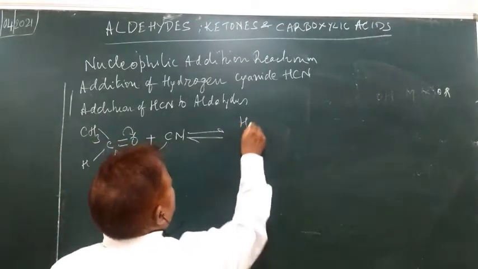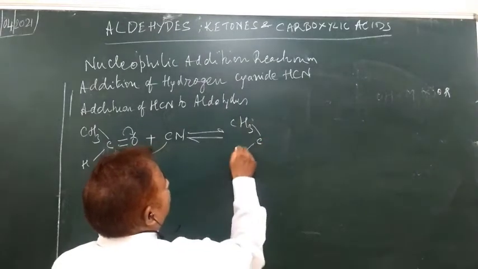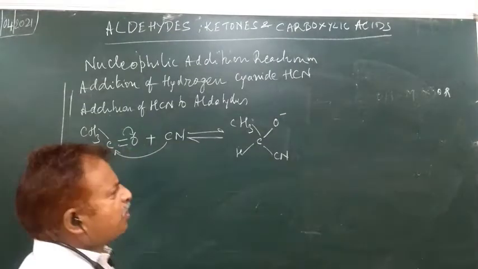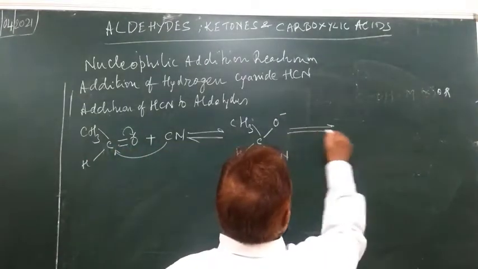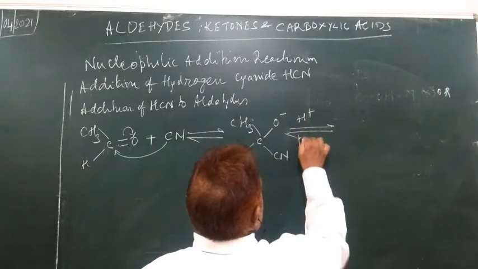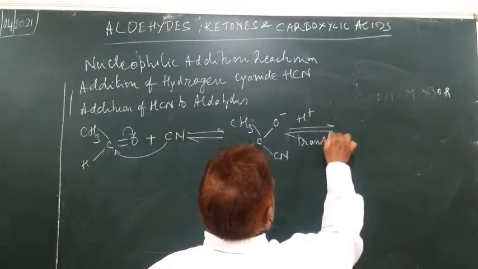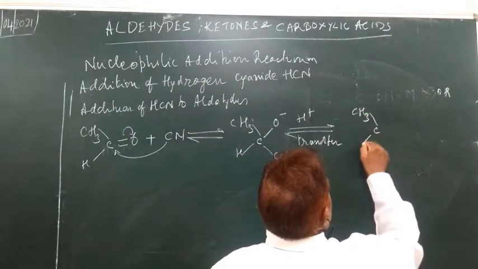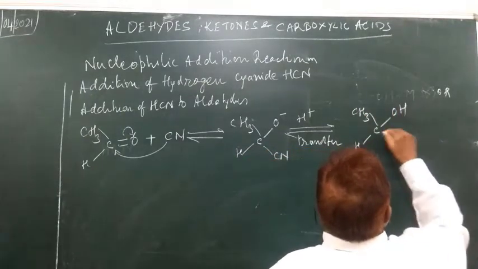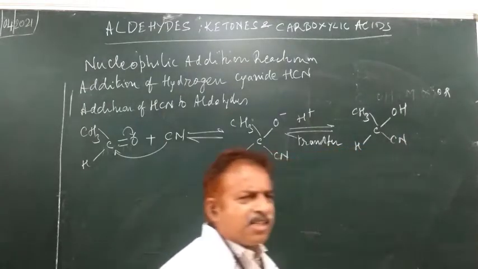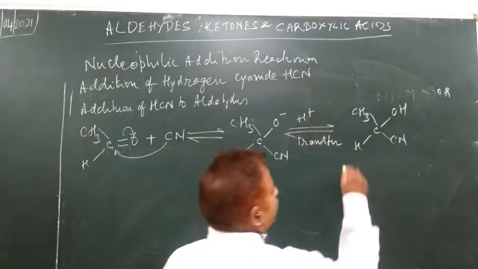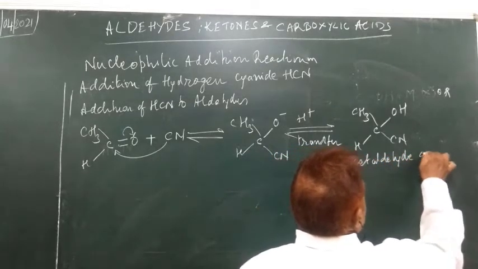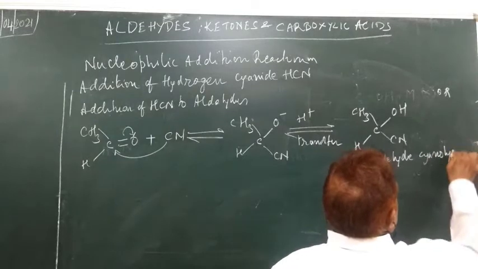Therefore, we get CH3CH with O minus and CN, and proton transfer takes place. The proton, H plus, is transferred. Therefore, we get CH3CH with OH and CN. This is acetaldehyde cyanohydrin.